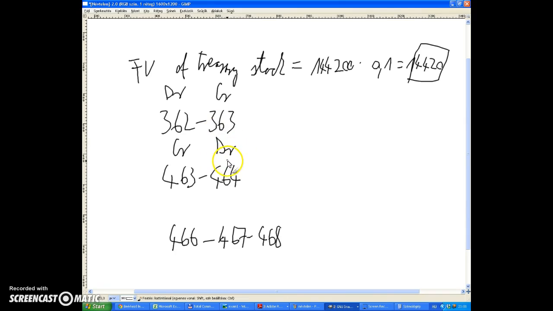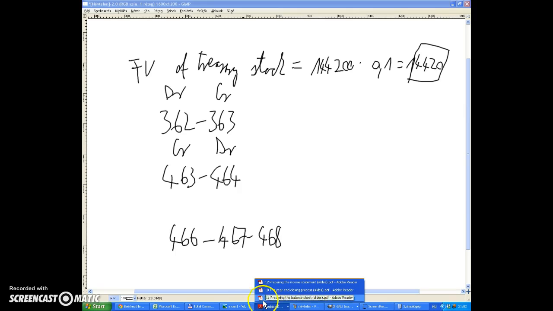It's also an outlier, because accounts starting with 4 usually have credit balances, but this 464 is not usual. We also have to calculate the balance of 463 minus the balance of 464, and if it's positive, then it goes to current liabilities. But if it's negative, then it goes to receivables.